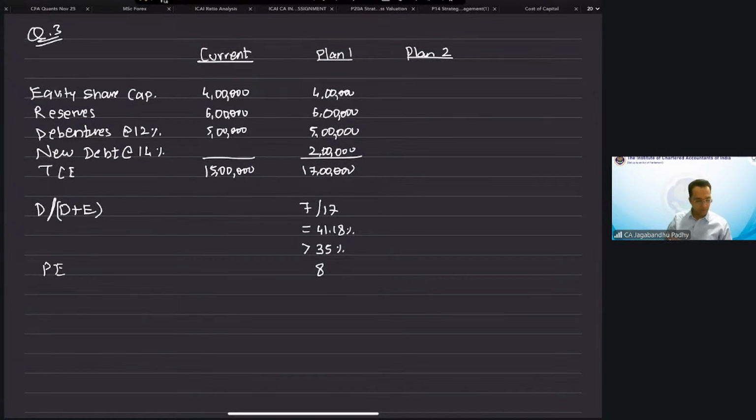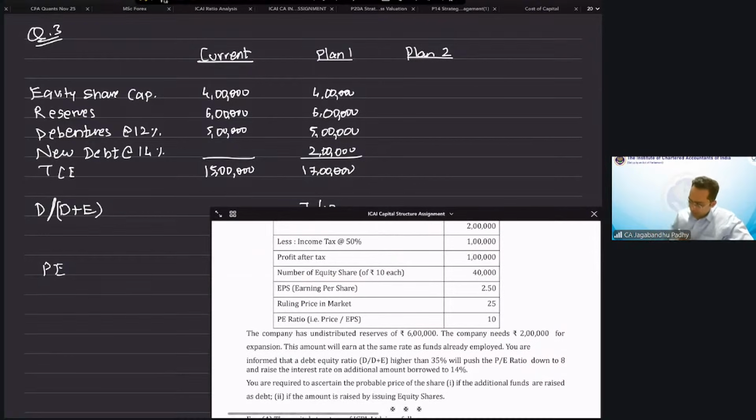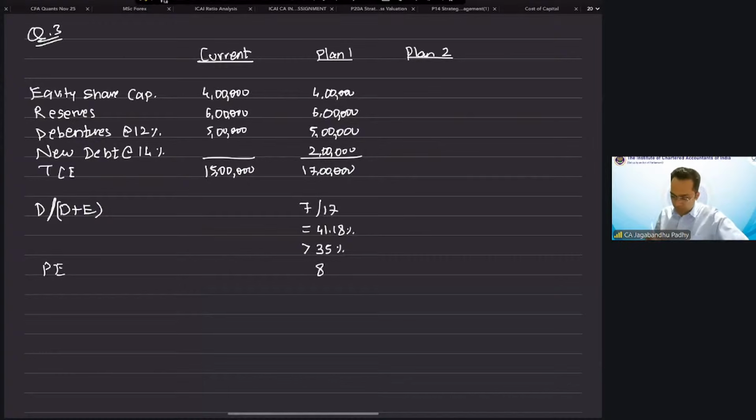Now let's look at the second plan. So in the second plan, we are going to issue equity shares. Of course, equity shares will be issued at the current market price. Current market price is 25.